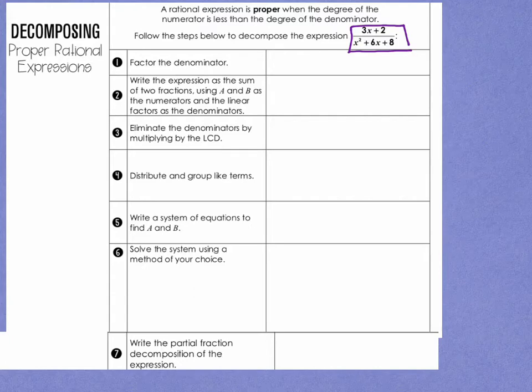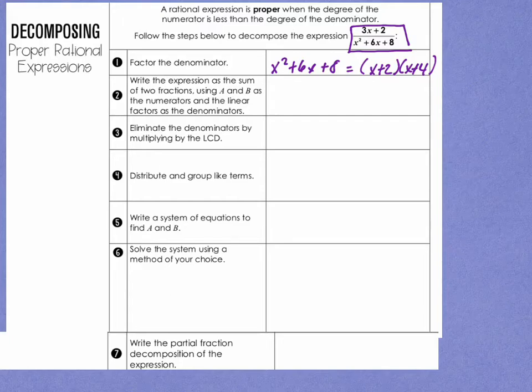This one does factor: x squared plus 6x plus 8 is the same as x plus 2 times x plus 4. Then you write it as the sum of two fractions.